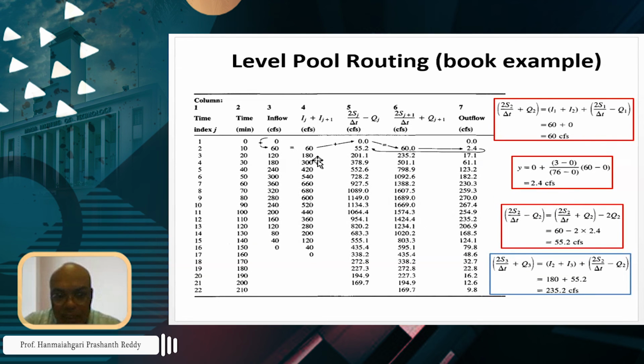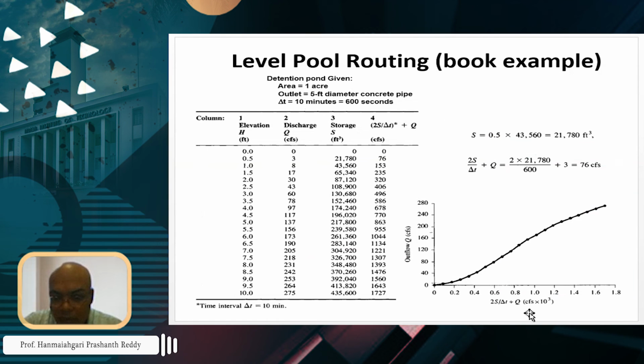So Ij+1 is equal to 60, and the previous 2Sj by delta T minus Qj is equal to 0. Then the left hand side, 2Sj+1 by delta T plus Qj+1, is calculated as 60 plus 0, that is 60. But for this 60 on the storage outflow curve, we need to know the outflow. So this 2.4, we'll get from this curve, because 60 is here.